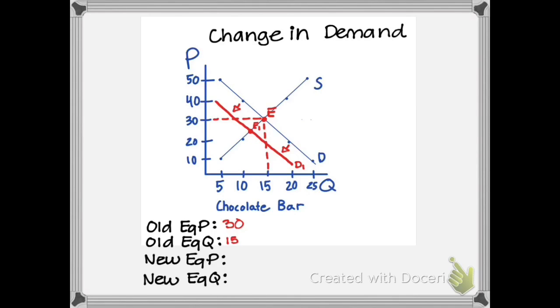Therefore, there is a new equilibrium price and a new equilibrium quantity. To find the price, we go horizontally to the point. In this case, it's 25. And to find the new equilibrium quantity, we go vertically, which in this case is 12.